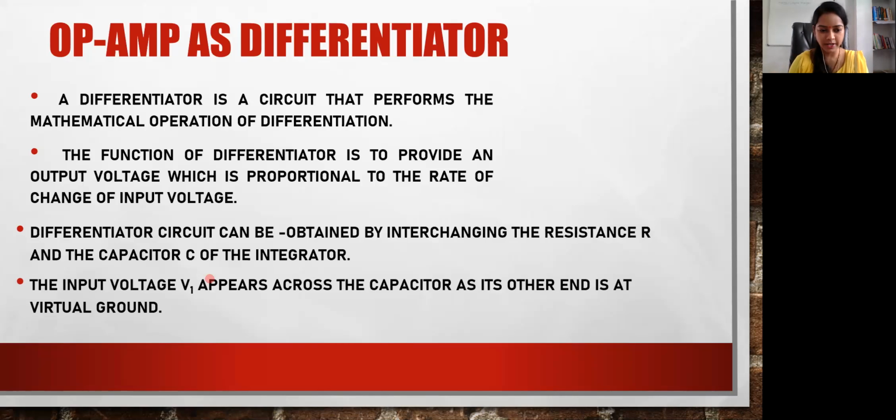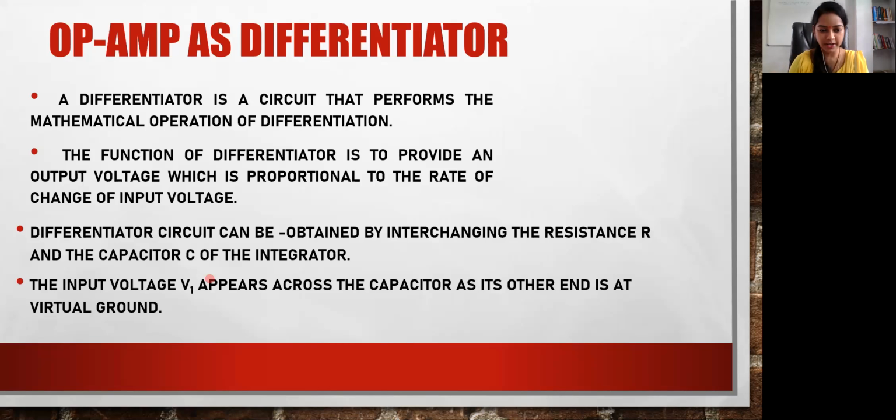The input voltage V1 appears across the capacitor and its other end is at virtual ground. So we'll see how the circuit of the op-amp as a differentiator looks. This is how we can design a differentiator circuit using an op-amp.